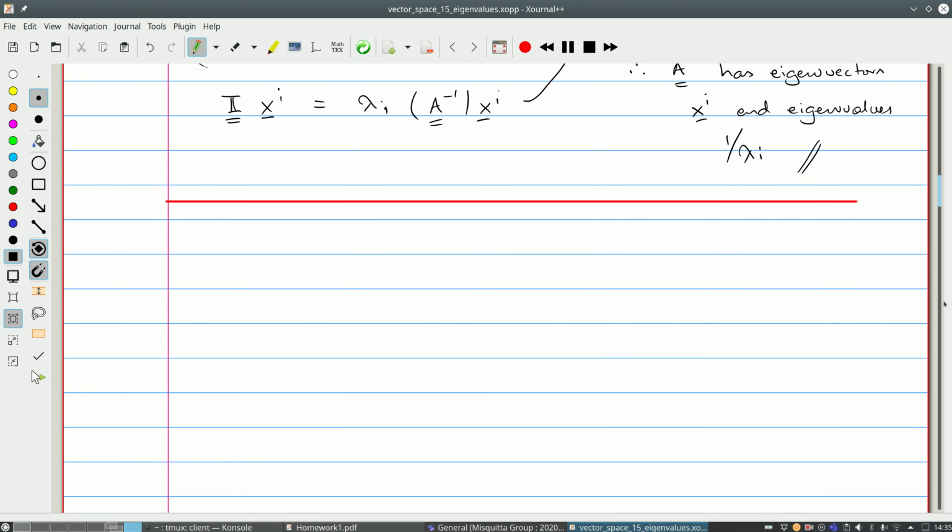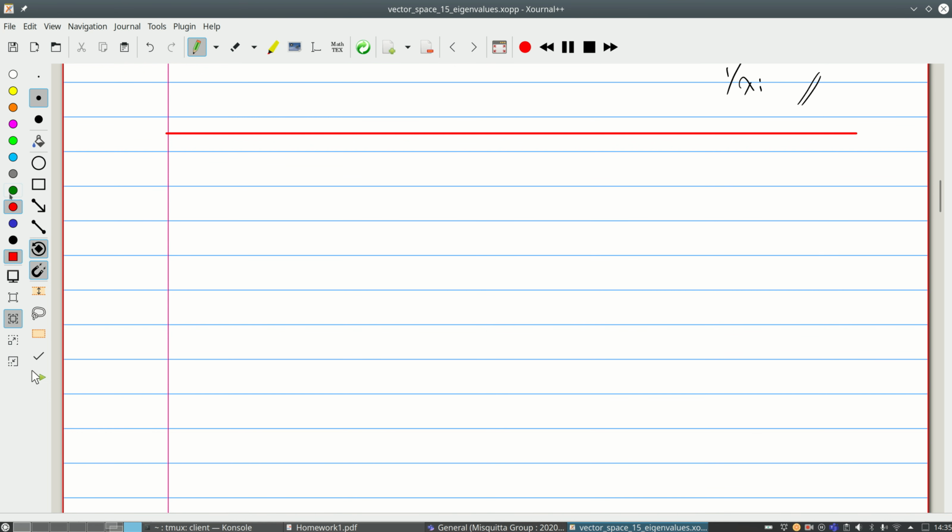So now let's work with Hermitian matrices, and this is quite special, so let's give it a nice red color, or blue. I like blue. To remind ourselves what a Hermitian matrix is: if A is Hermitian, then the matrix A is equal to the matrix A dagger.